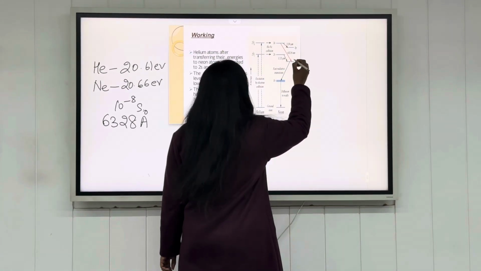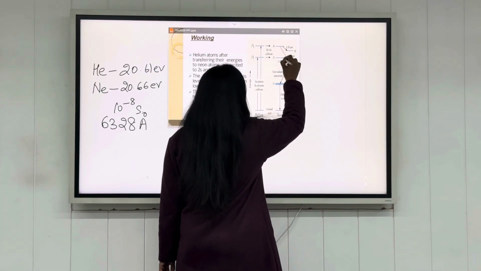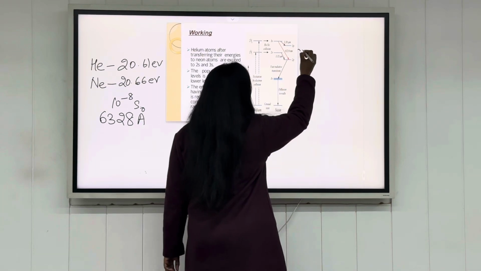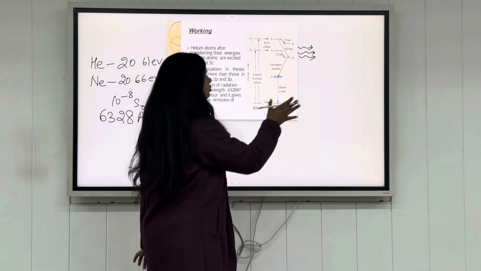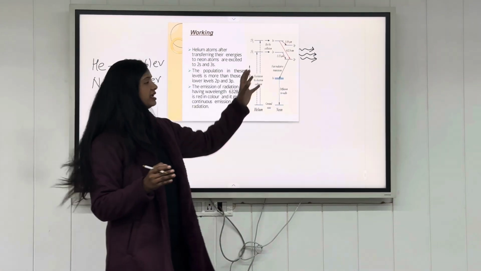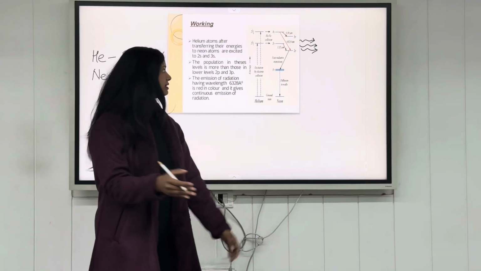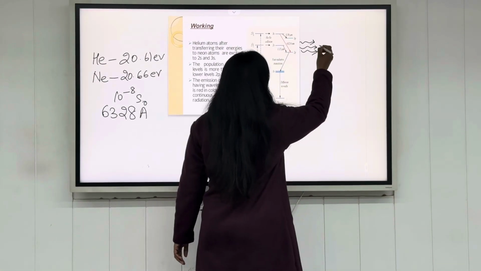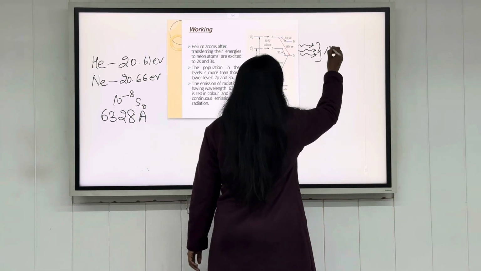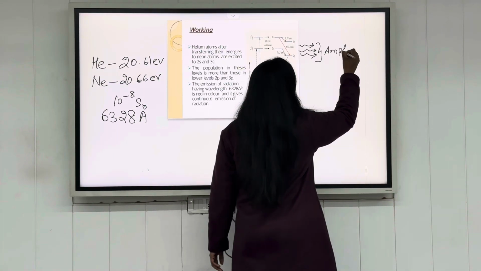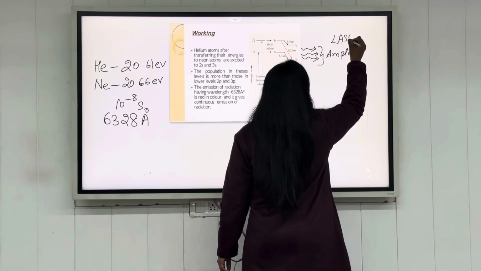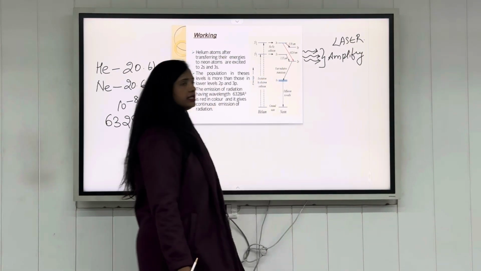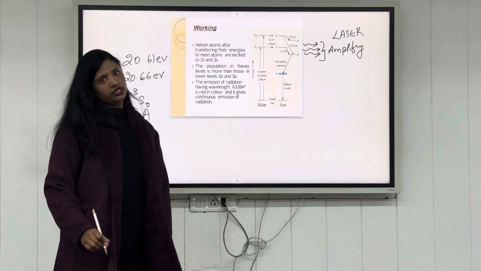So the next transition is made from here, and here the laser action will take place, and back and forth movement of the emitted light in the optical resonator cavity will enhance the intensity and amplify the emitted laser light. So this is how laser light is formed in the helium-neon laser.